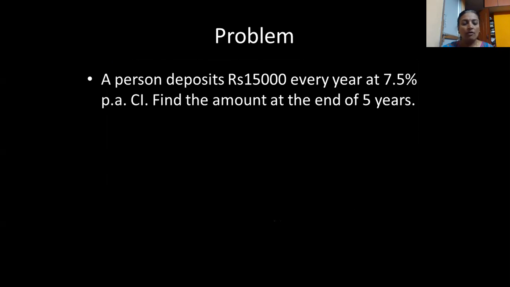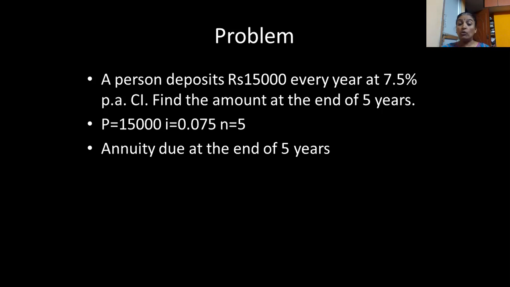P is 15,000, and I, the rate, is 7.5% compound interest, that is I is equal to 0.075, and N is equal to 5 years. Then the annuity due at the end of 5 years, that we are going to calculate here.